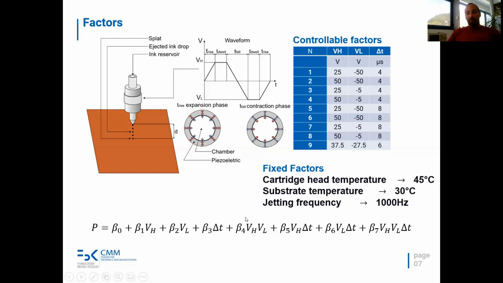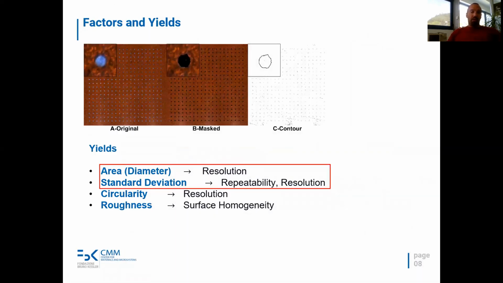And this is the part that we would not see if we were using the other approaches. We basically performed 3 trials for each of the 9 waveforms, and for each trial we printed 400 dots.